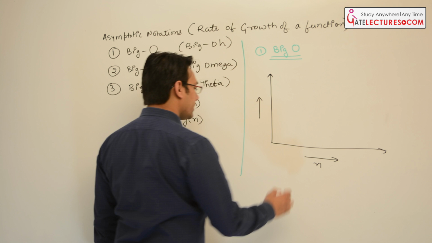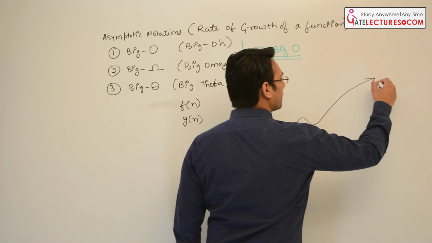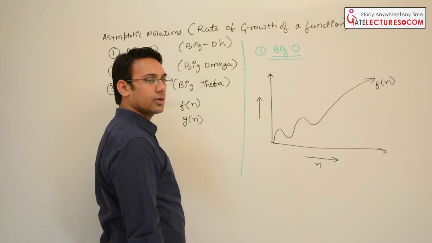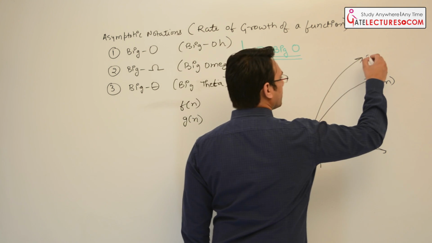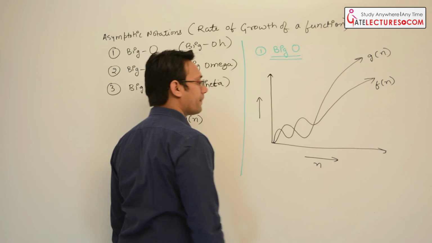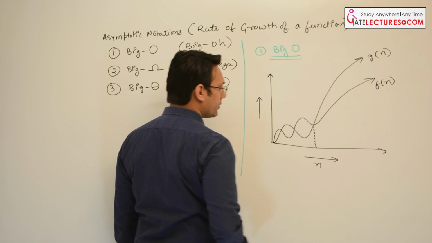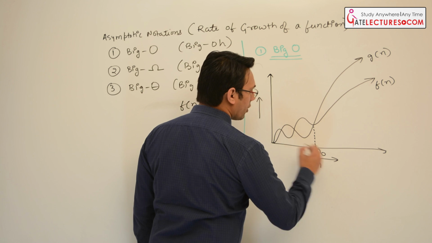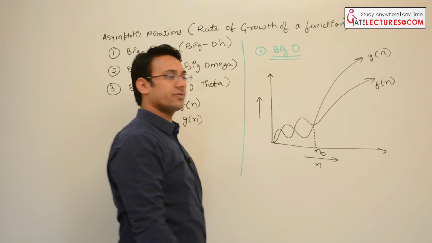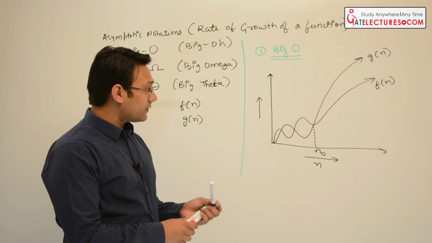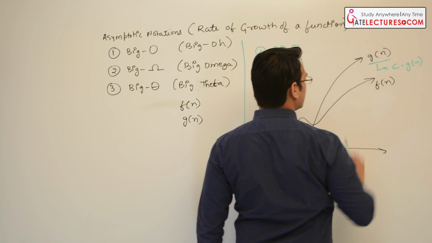Now let us say this is the graph for the function f(n), and this is the graph for the function g(n). And this is some point n naught. That means after this point g(n) is always greater than f(n). We can also write g(n) as c dot g(n), which we are going to see.